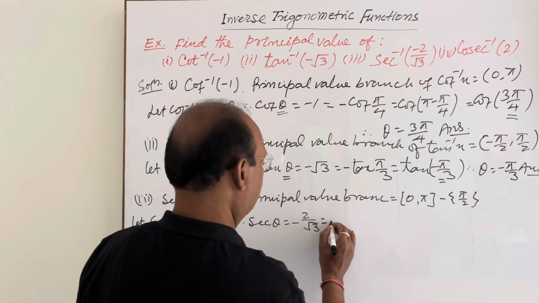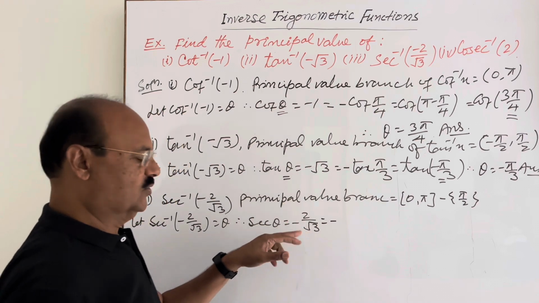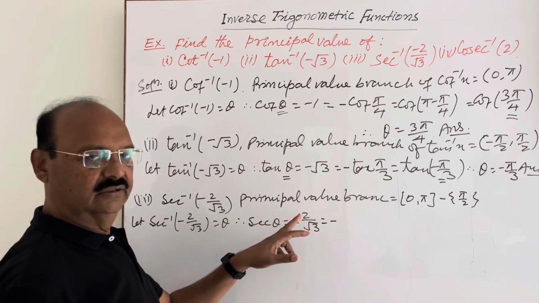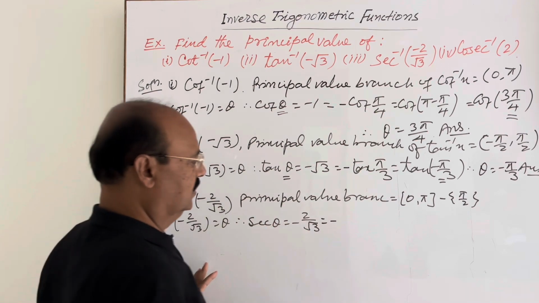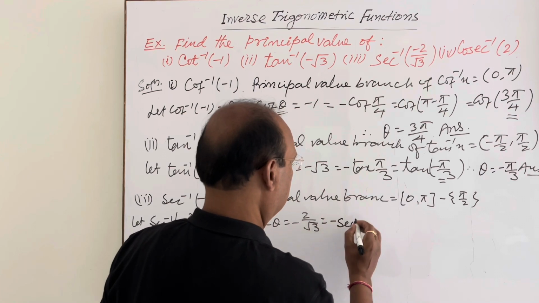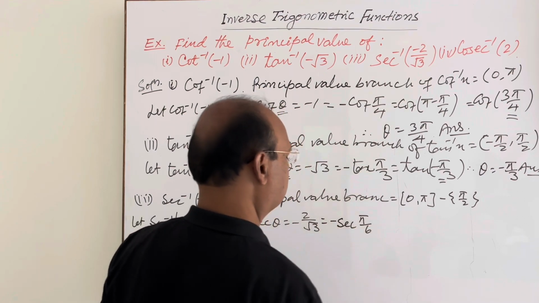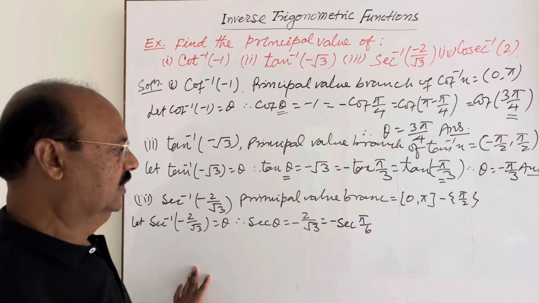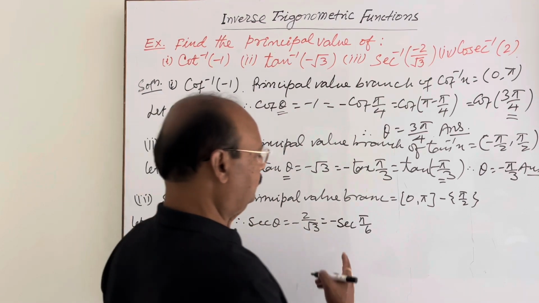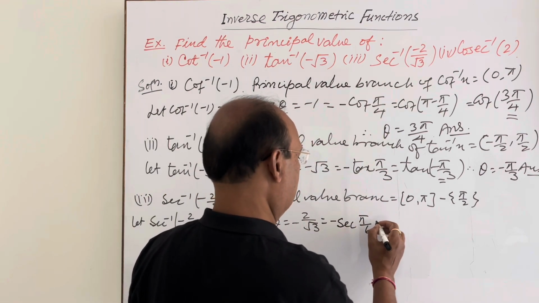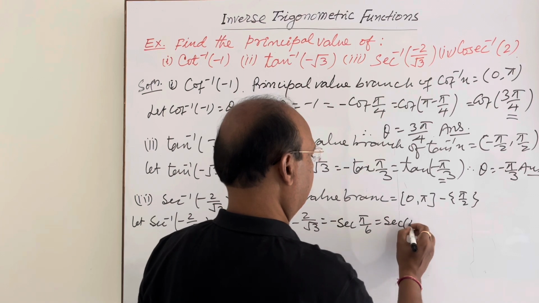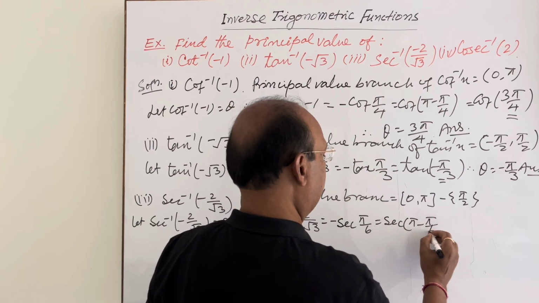This is equal to minus sec pi by 6, correct? And minus sec pi by 6 can be written as sec of pi minus pi by 6.